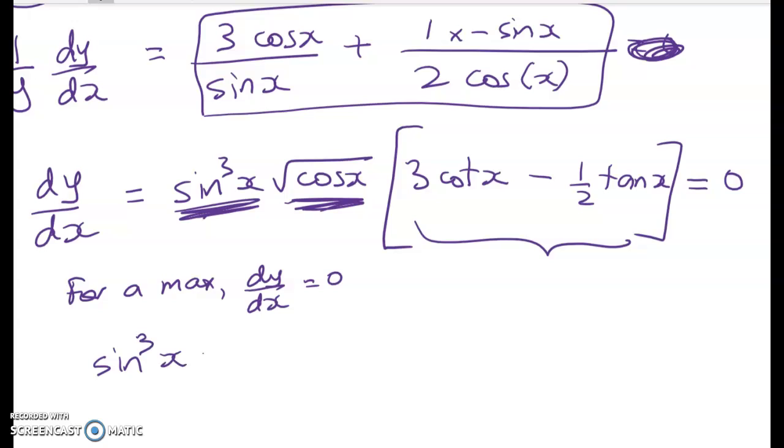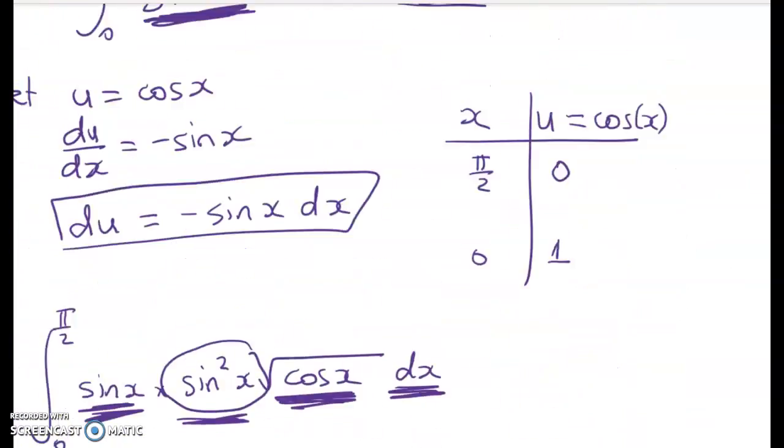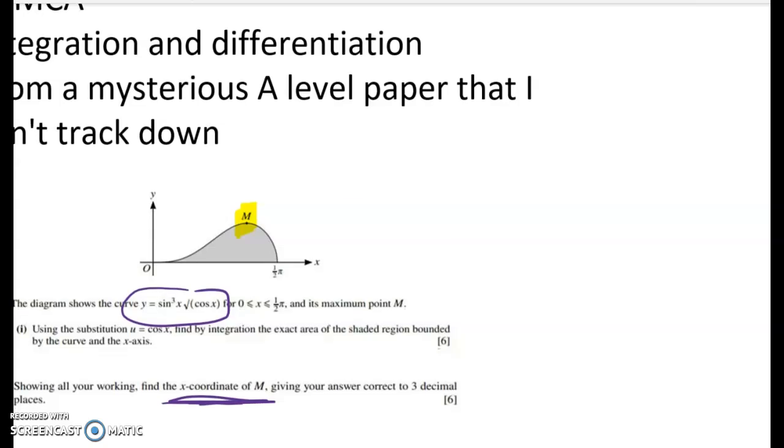So sine cubed of x can be 0, which would give me x is equal to 0. But we can see from the picture at the top that x is positive.